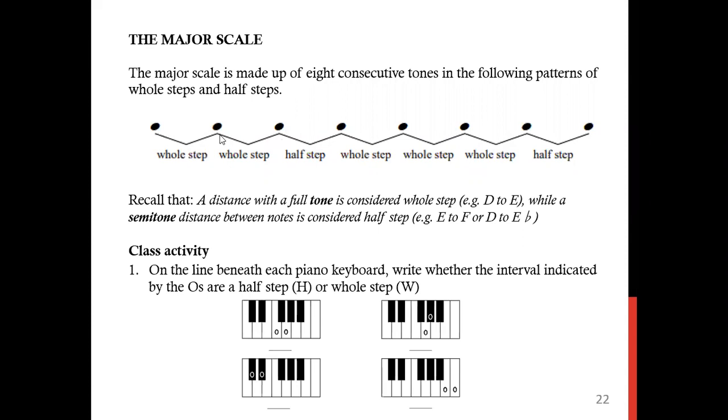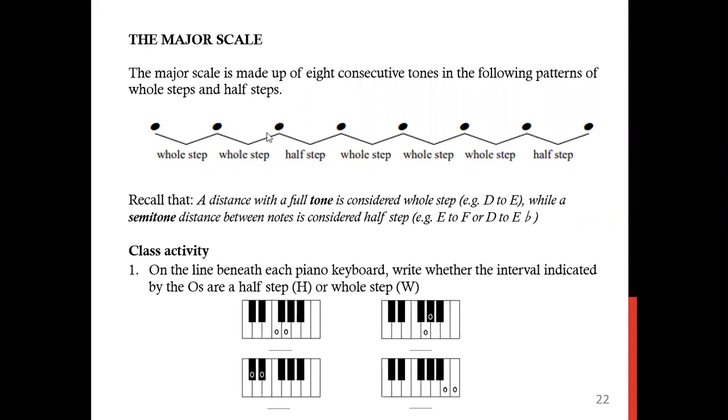After E, what is the next whole step? Because it is whole step, half step, whole step, half step. So we're starting from the first one. We have written D, so we have moved a whole step distant to E. The next whole step distance will be from E to, let me call another person, B3.